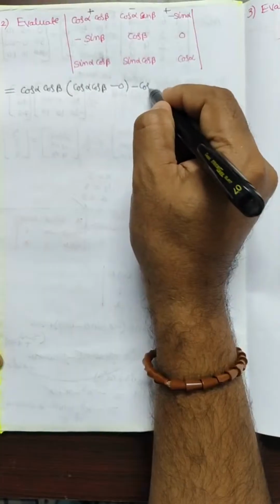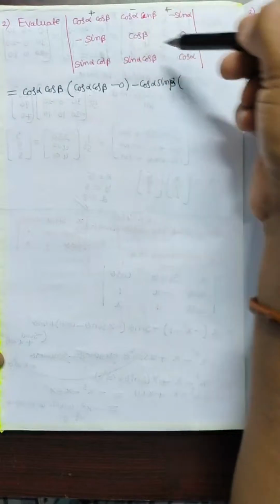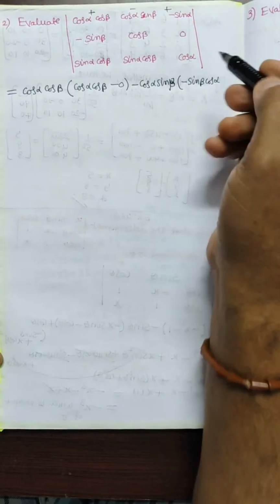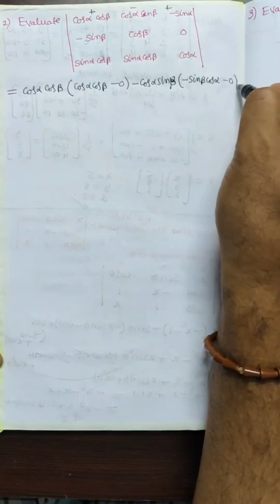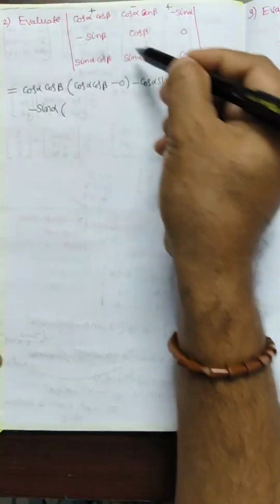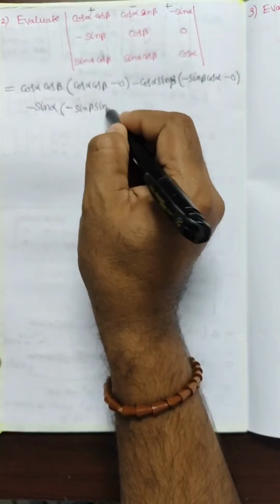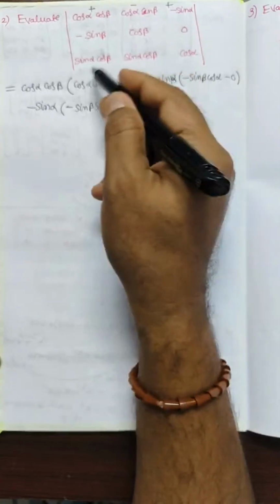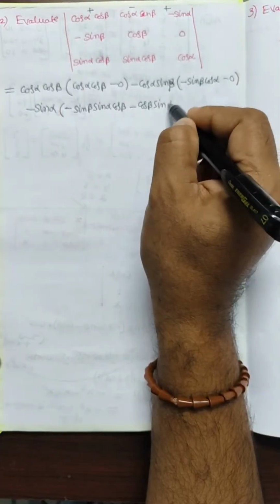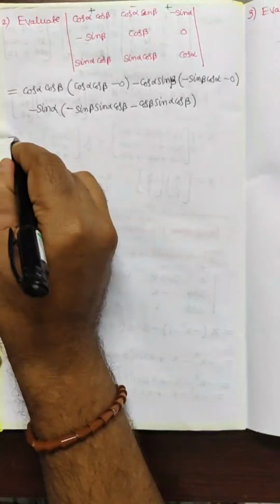Next minus cos alpha sin beta into minus sin beta cos alpha, minus 0. Next minus sin alpha into minus sin beta into sin alpha cos beta, minus cos beta into sin alpha cos beta. So just normally we are expanding.